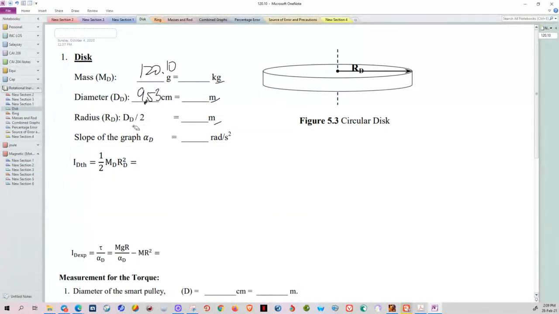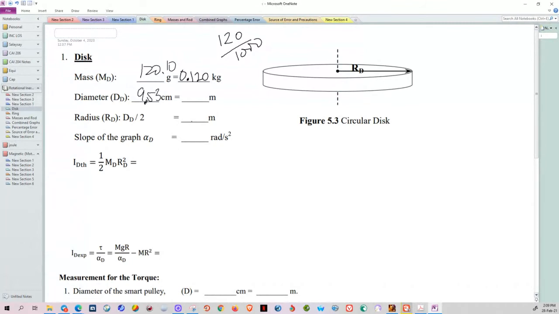First, the mass has to be in kilogram. So you have 120. Let's remove 0.10 if you want to keep it simple. 120 divided by 1,000. How much is that? 0.120. What else? Diameter is 9.53.